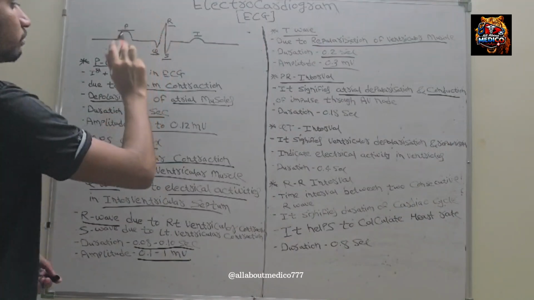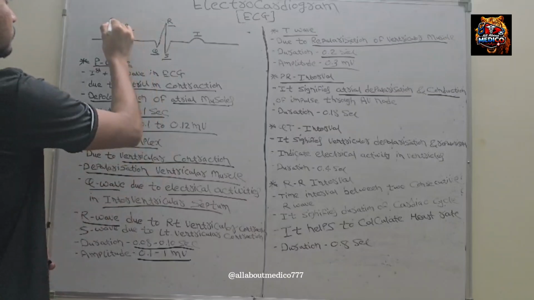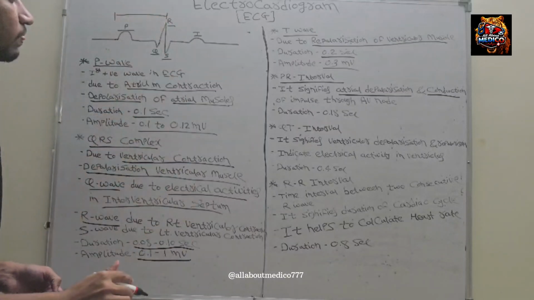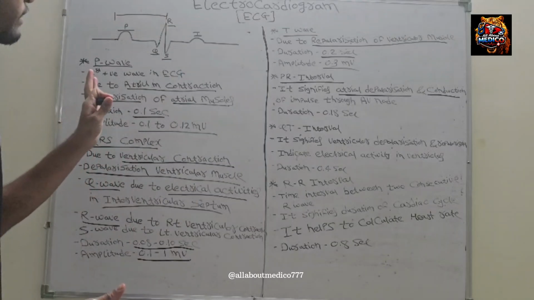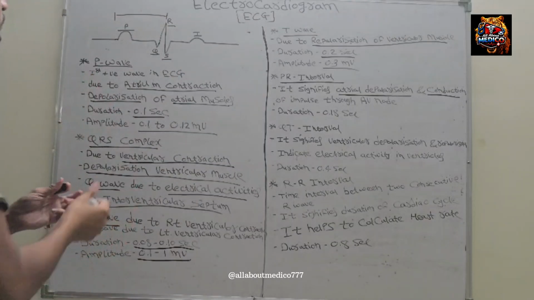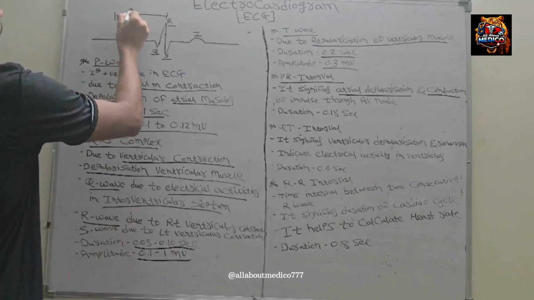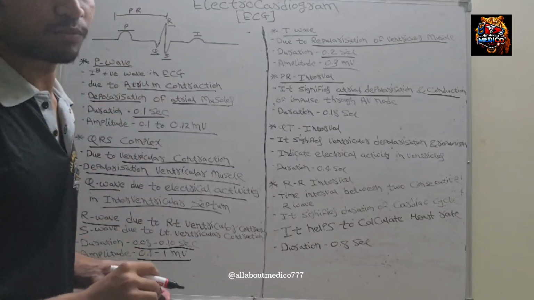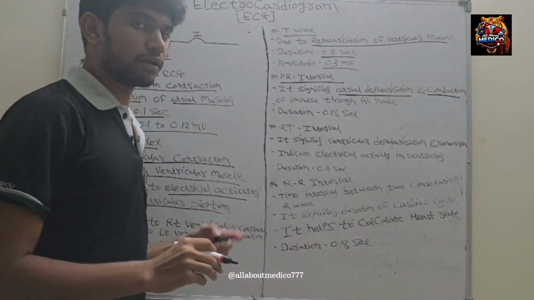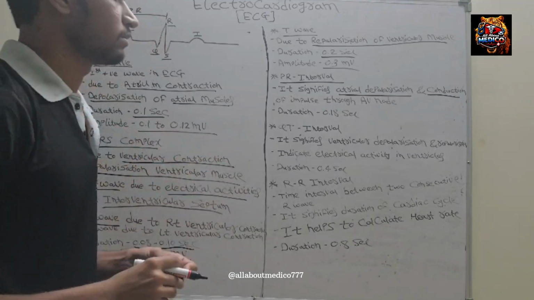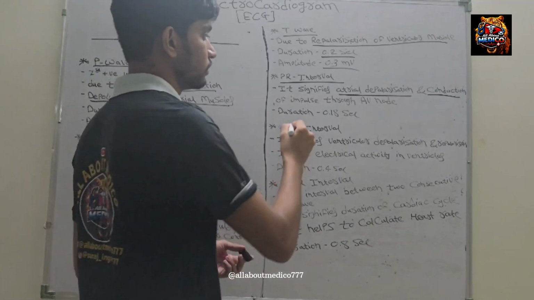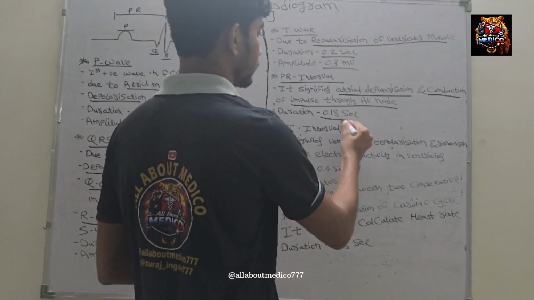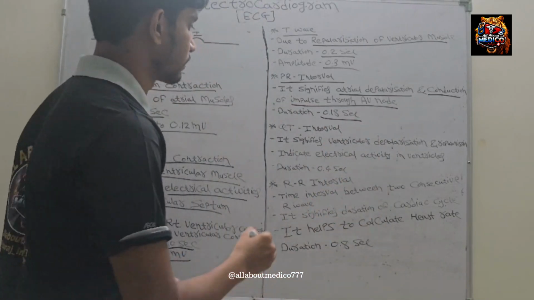In the PR interval, atrial depolarization means atrial contraction, and there is conduction of the impulse through the AV node. Its duration is 0.18 seconds.